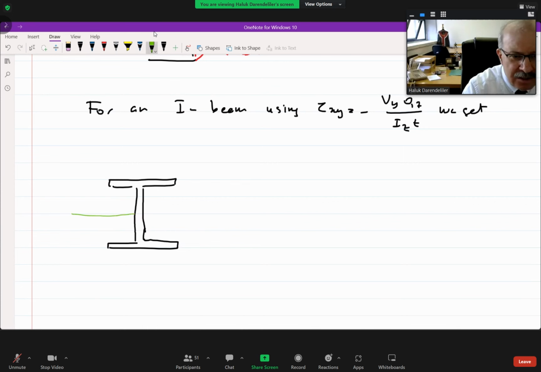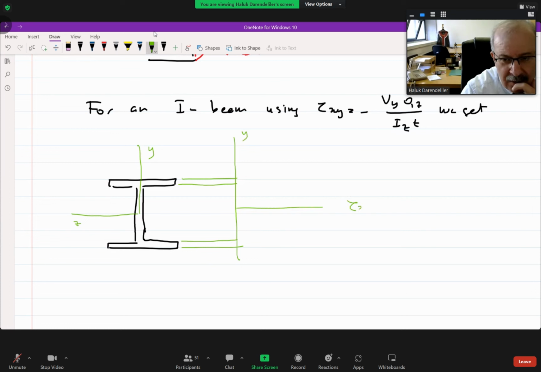Anyway, this is the z-axis, this is the y-axis. If you draw the shear stress distribution for this cross section, what you obtain is something like this. Again, this is the y-axis, and say that this time this is the tau xy average.